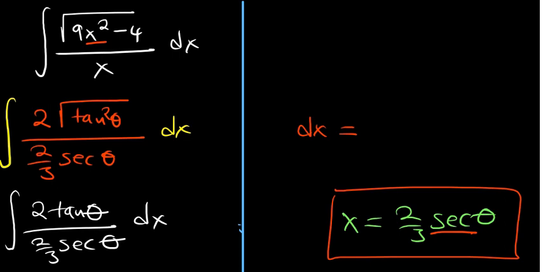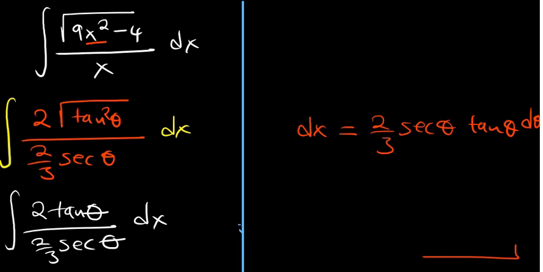It's something that I mentioned. Okay. So the derivative of secant is basically secant of theta tangent of theta. Now we have, of course, a coefficient there, so it's going to be 2 over 3 secant of theta tangent of theta. That's the derivative in respect to what? To the theta. Okay, so that's our dx.